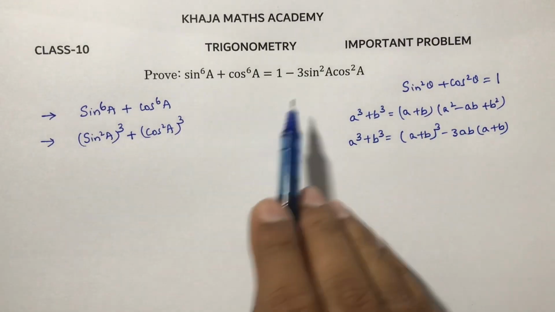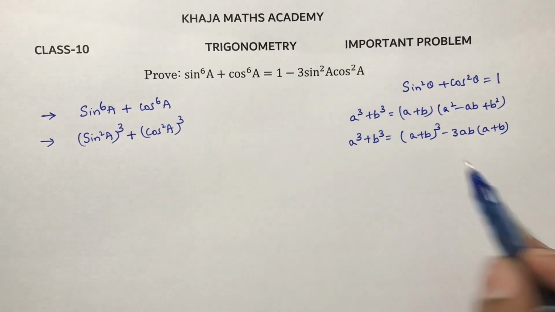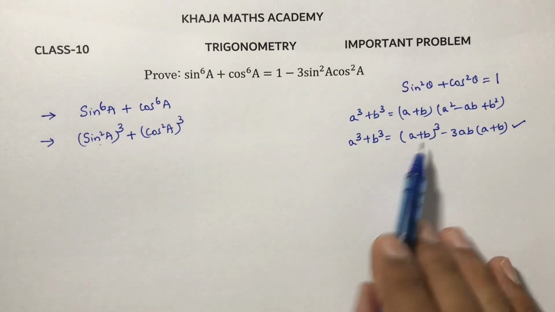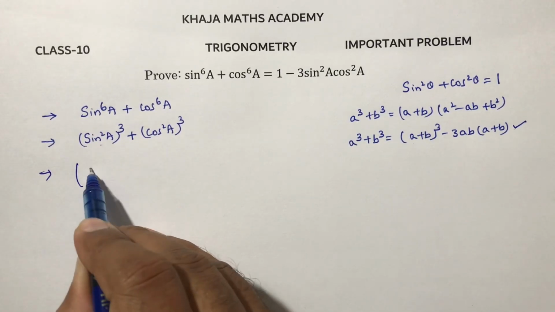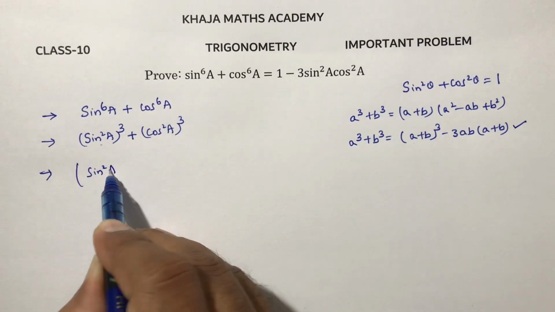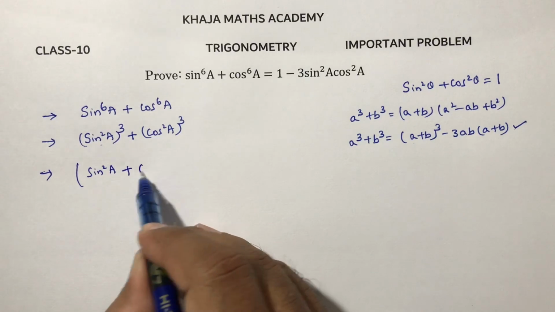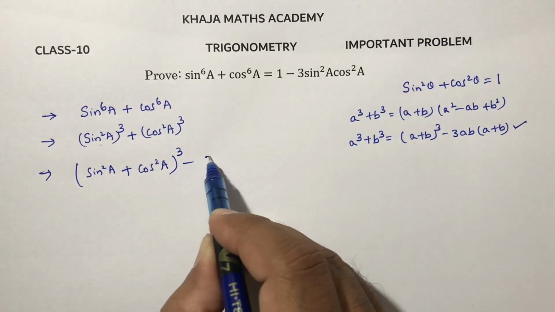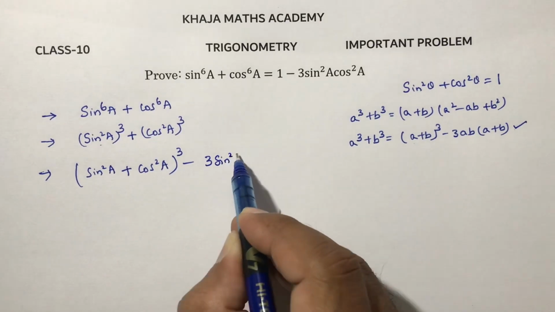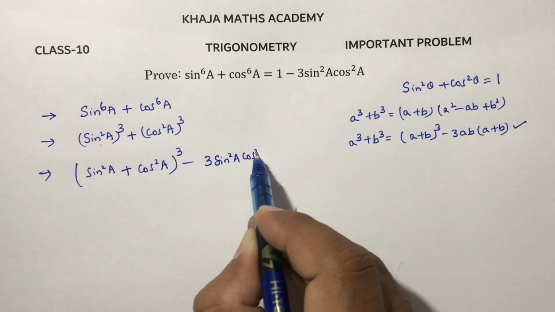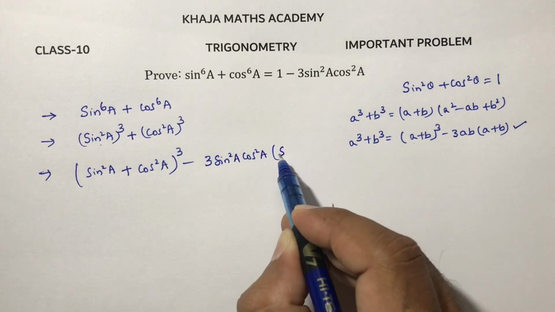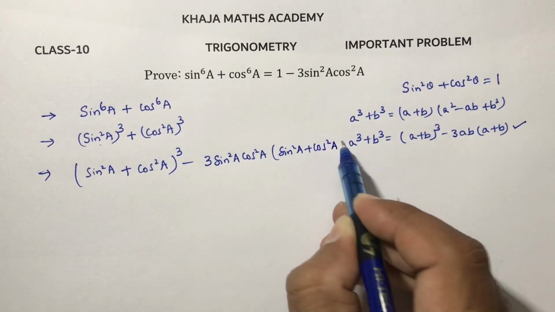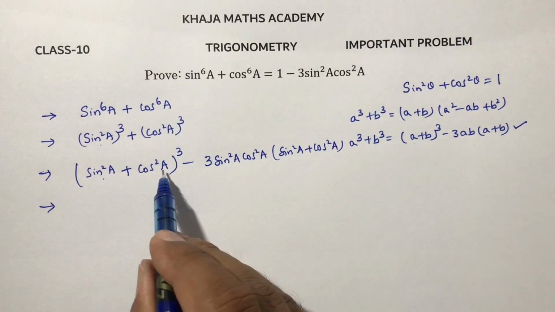For this problem, you need the 3 here, so use the second formula. a cube plus b cube is a plus b whole cube minus 3ab into a plus b, where a is sin square a and b is cos square a. So it is 3 sin square a cos square a into sin square a plus cos square a.